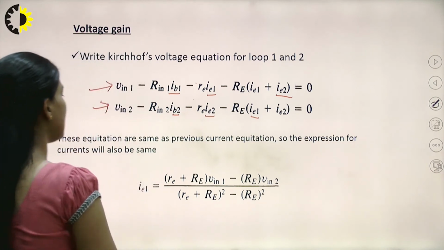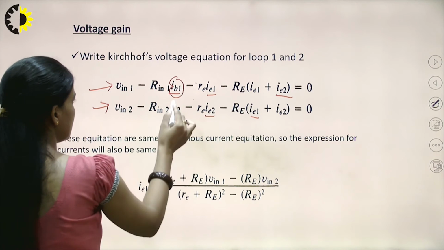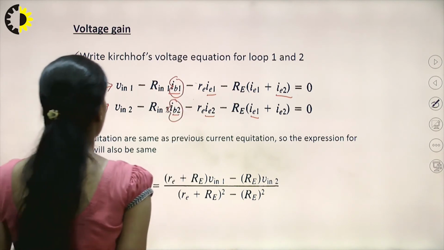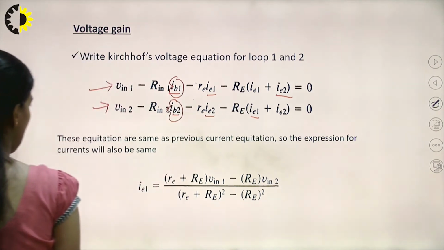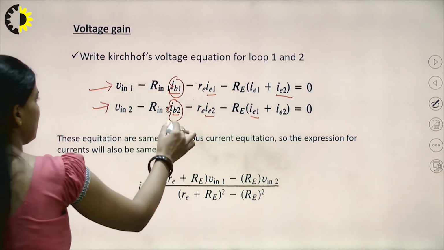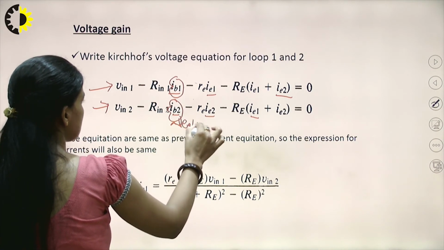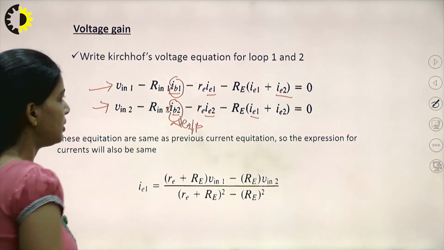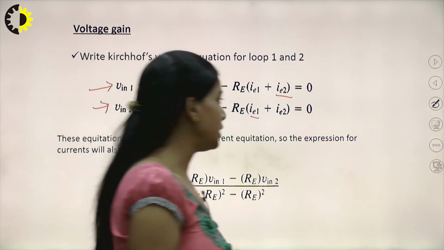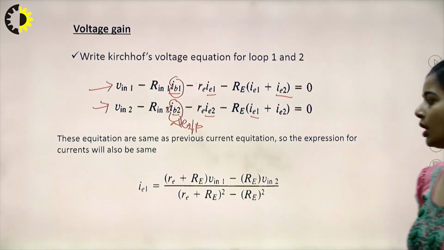So this IB1 we can replace in terms of IE. Similarly, IB2 will also be replaced by IE2 by beta, and this term we can neglect due to its small value.